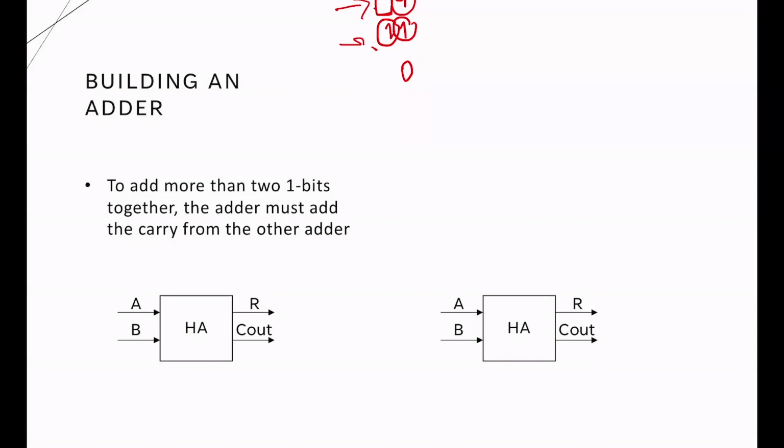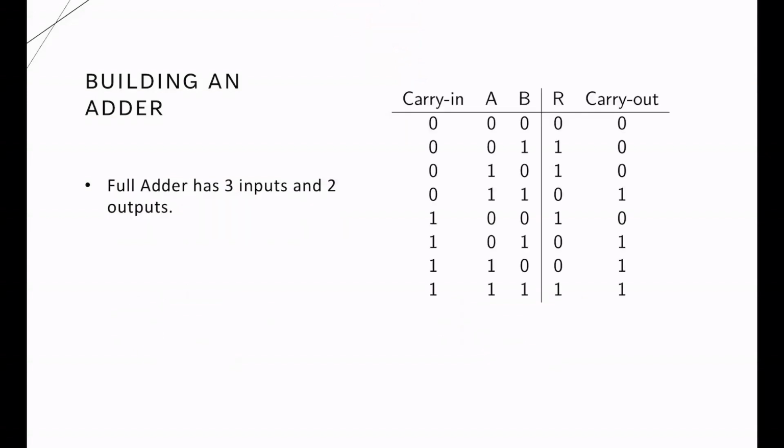So you can make a full adder from 2 half adders. A full adder has 3 inputs and 2 outputs instead. Same here, for a circuit with 3 inputs, you write the truth table for all the possibilities.